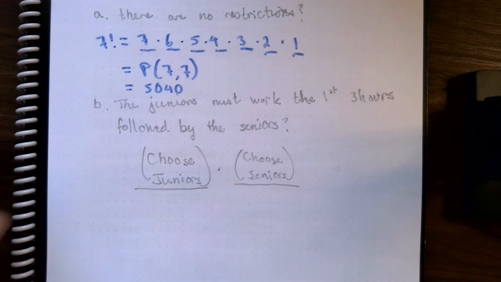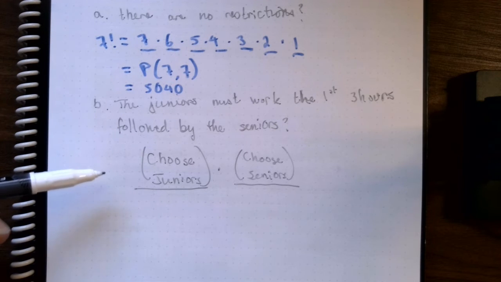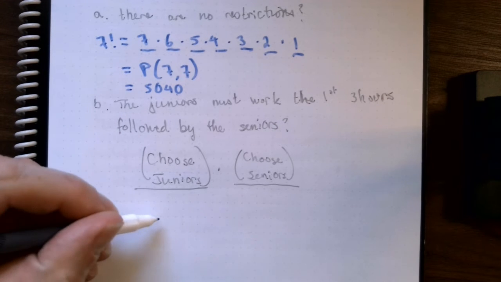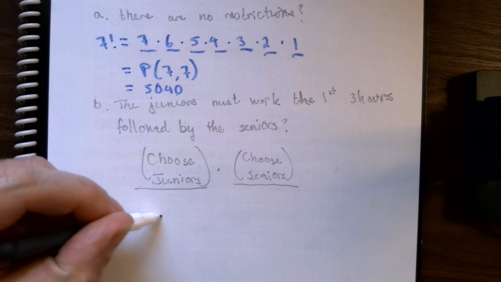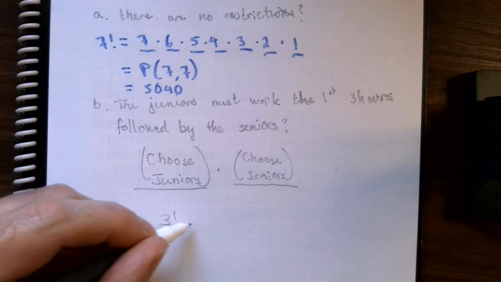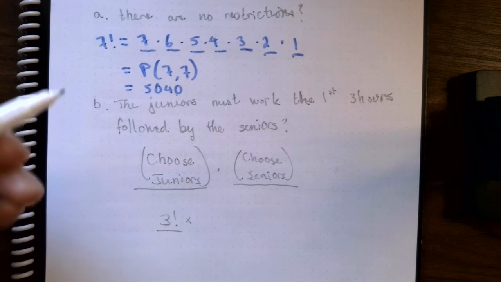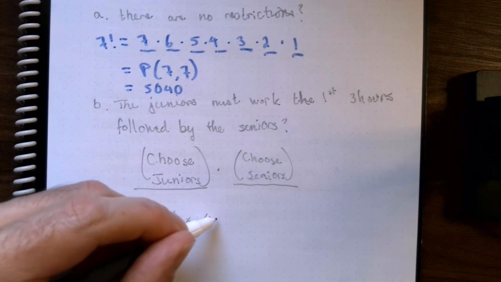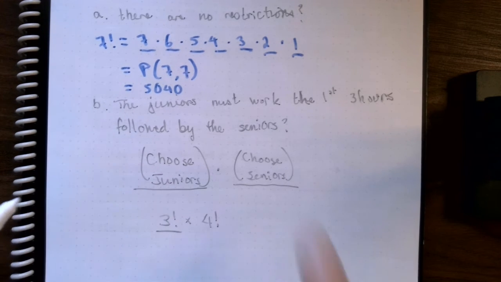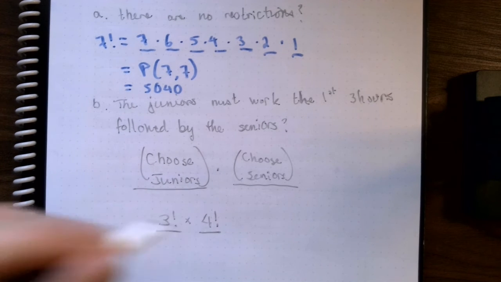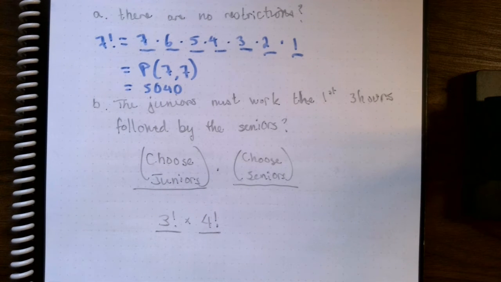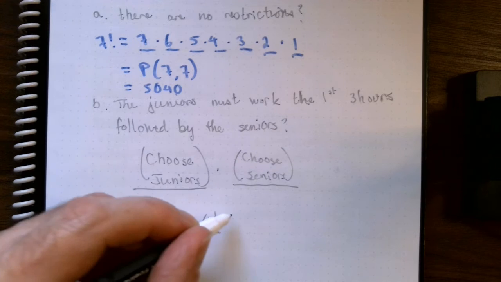So if we have 3 juniors and we're going to fit them into 3 spots, well, the number of ways to do that is 3 factorial. That's the number of ways to complete my first stage. If I've got 4 seniors and they have to fill in the remaining 4 spots, there are 4 factorial ways to do my second stage.